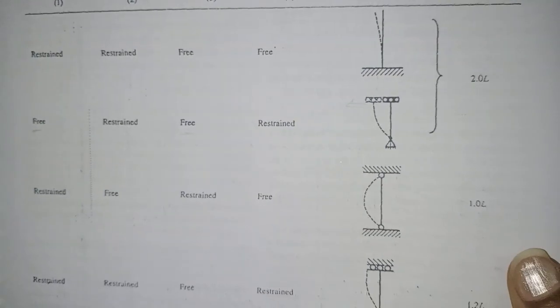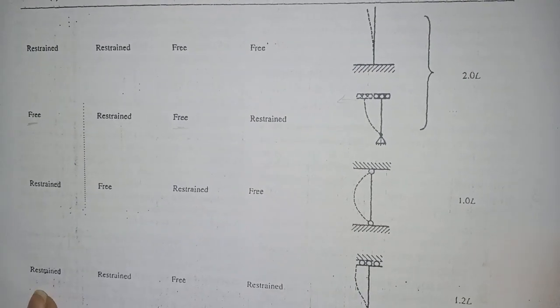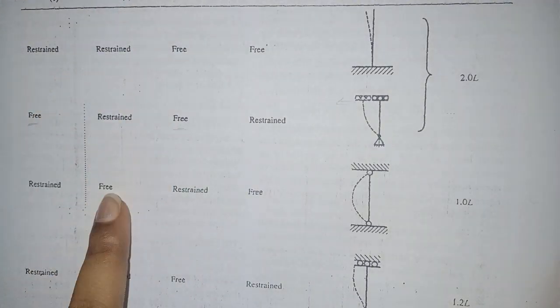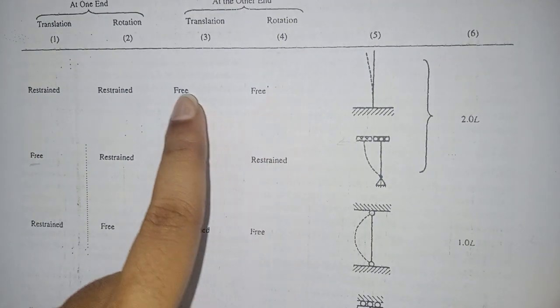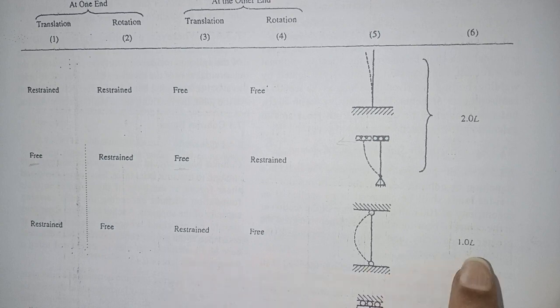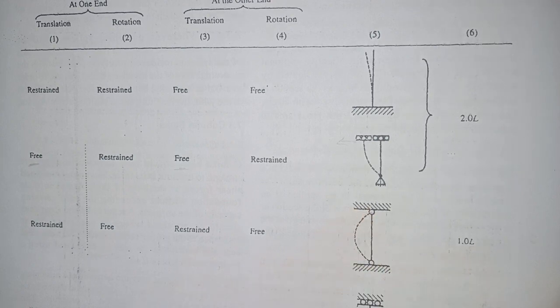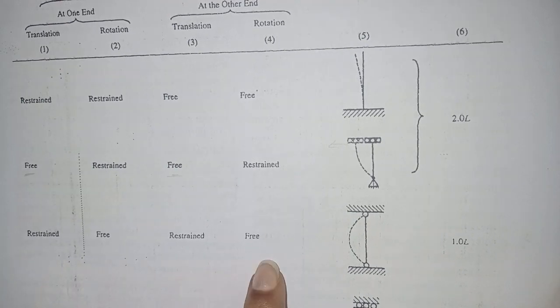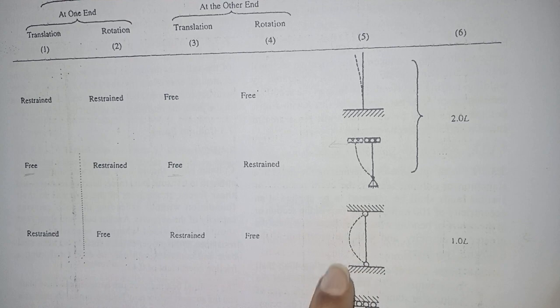So here you have the restrained and free, restrained and free. Rotation, it is free, and for the translation it is restrained. 1 times of L, hinge on both the sides. See, if you can't identify with these words, you can go with the figure.